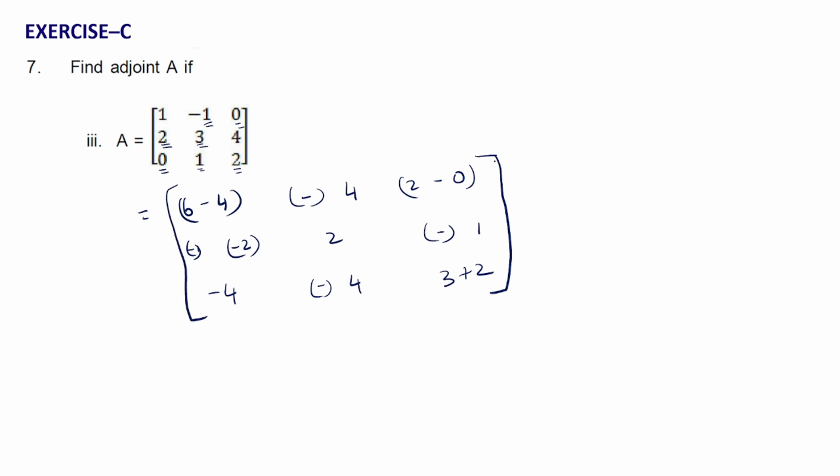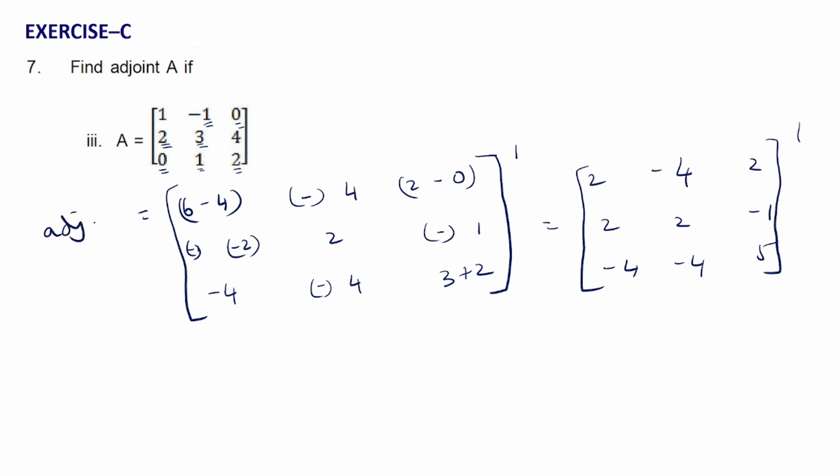This whole transpose. So it is 2, minus 2, 2, 2, 2, 2, minus 4, 2, 2, 2, minus 1, then minus 4, 5, the whole transpose.